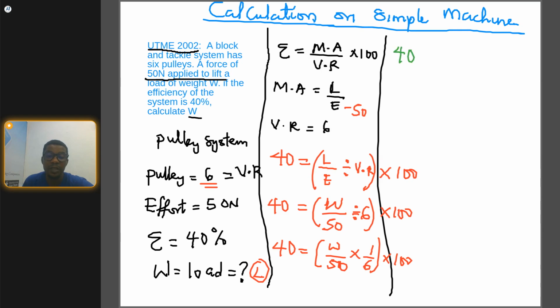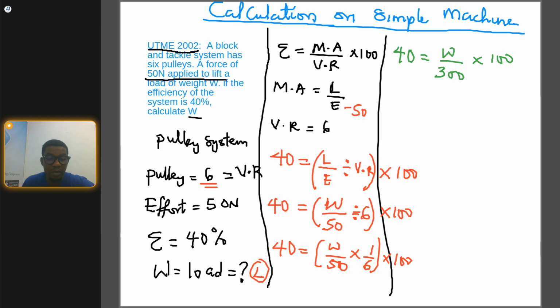We have 40 equals to 1 multiplied by W is W over 50 multiplied by 6. 50 multiplied by 6 is 300. 300 multiplied by the 100 we have here.